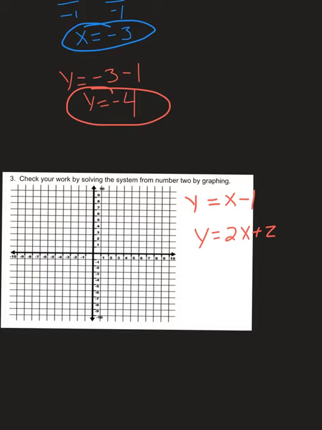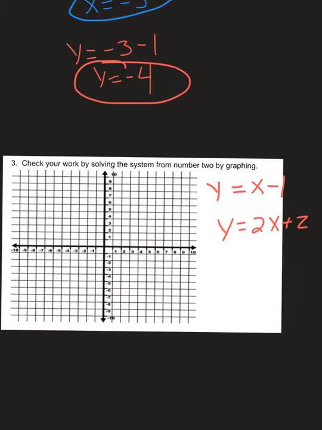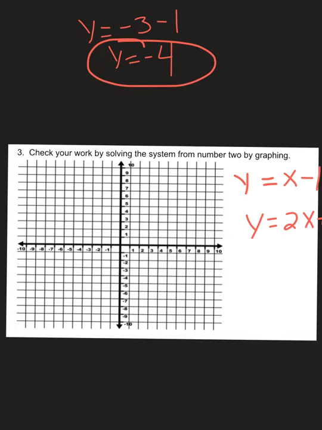We know that this is in y equals mx plus b form, so we're going to graph our y-intercepts. So y equals x minus 1. Our y-intercept is going to be right here. And we're going to go up 1 and over 1, up 1 and over 1. And then once we do this, we are going to make our line.